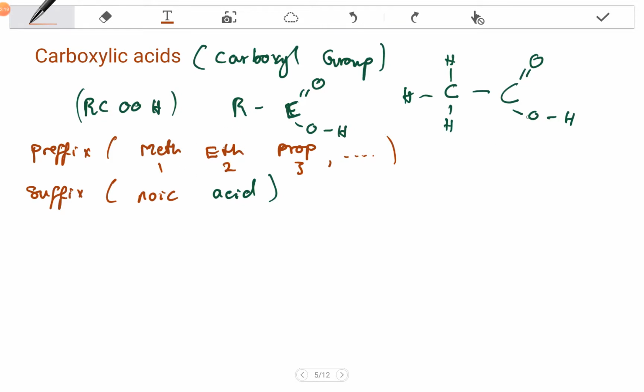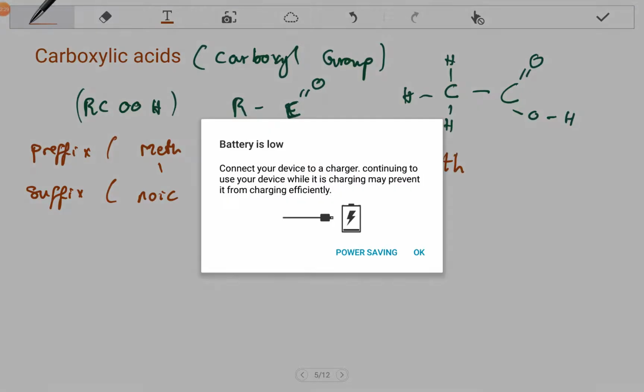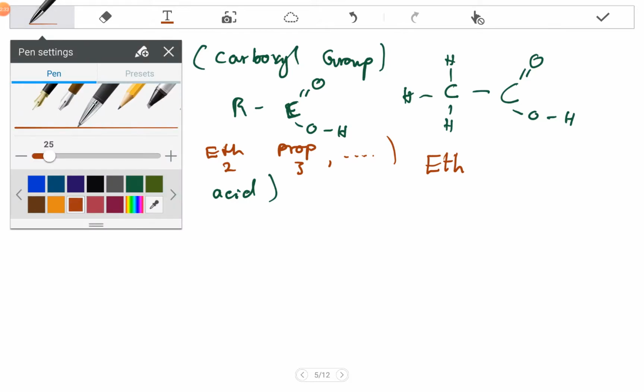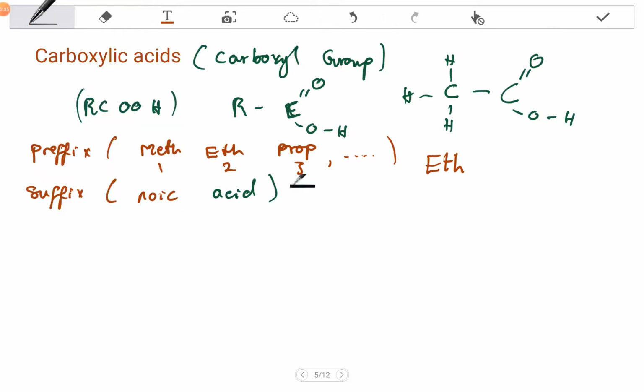And since it has this functional group, it belongs to carboxylic acid and ends with noic acid. So the name is ethanoic acid.